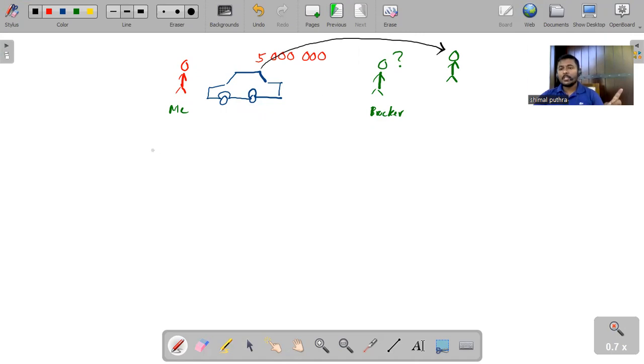Why? Because he helped me to find a buyer. If I can find the buyer directly, no need to pay commission to the brokers. But if I am unable to find a buyer, the broker will find a buyer for me. Then I have to pay some commission of the business to the broker.